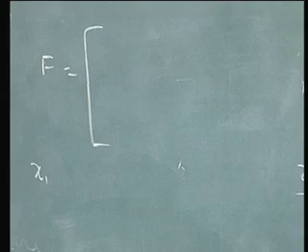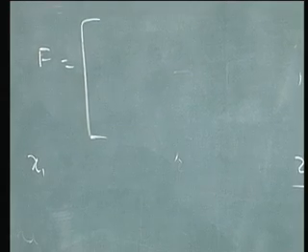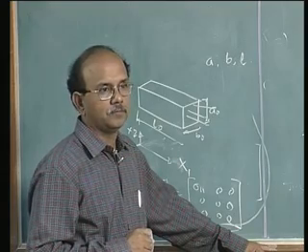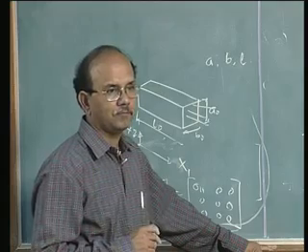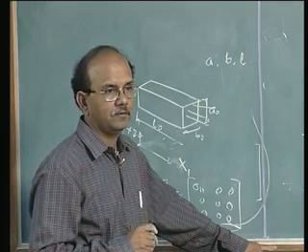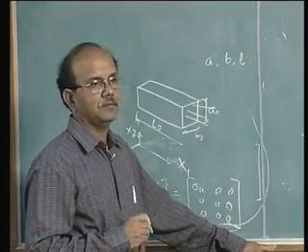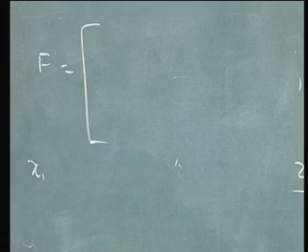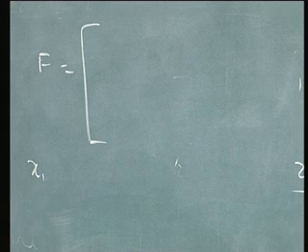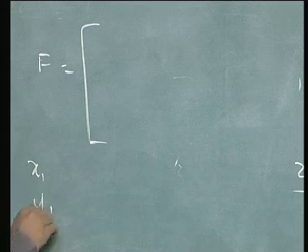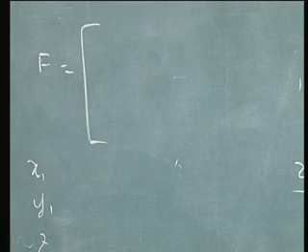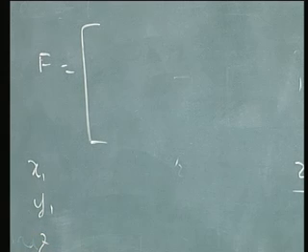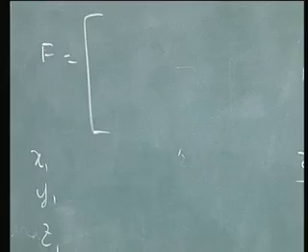So small x1 in terms of capital X1, and then small y1 and small z1. How do you write this down?